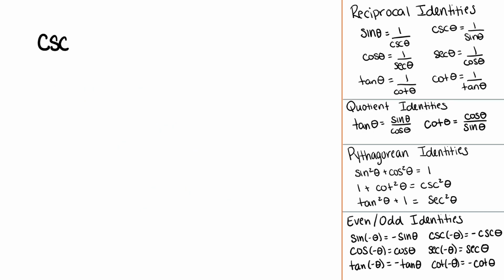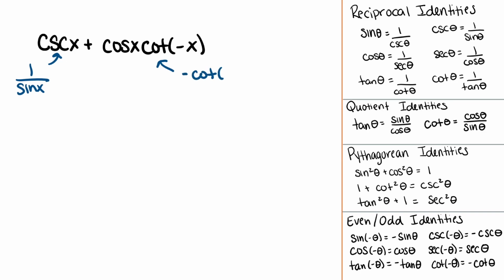Next we have cosecant x plus cosine x cotangent negative x. Let's rewrite everything we can rewrite. Cosecant x is 1 over sine x. Cotangent negative x, if we look at our even odd identities, is going to be the negative cotangent of x, which can then be written as negative cosine x over sine x.